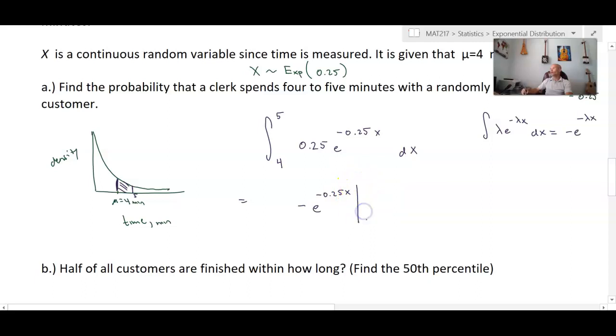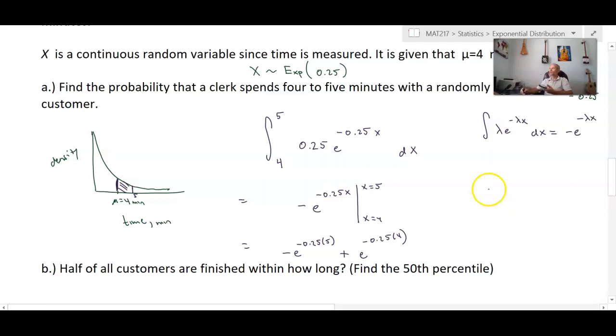And now all we need to do is evaluate this over the interval. So we'll have negative e to the negative 0.25 times 5 minus negative, which would be plus, e to the negative 0.25 times 4. So we have negative e to the negative 1.25 plus e to the negative 1.